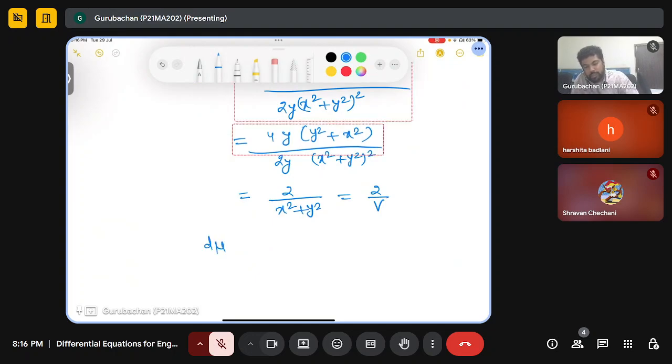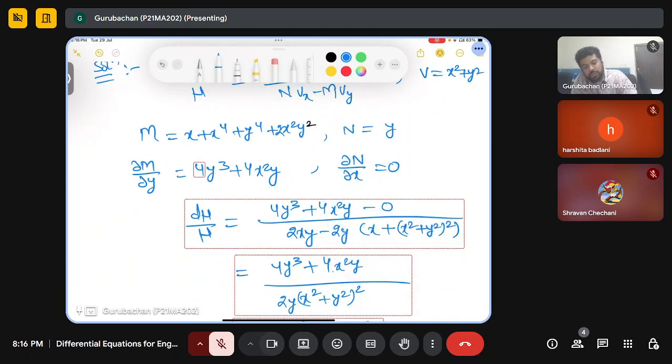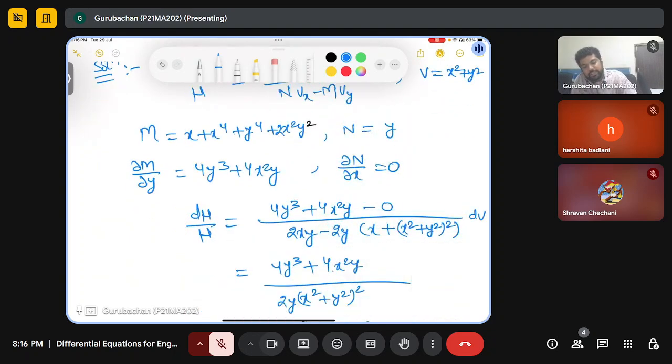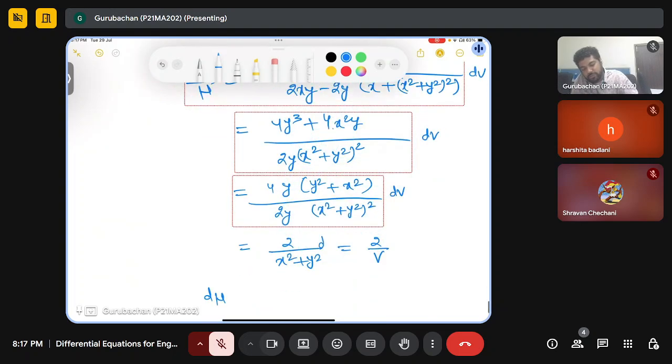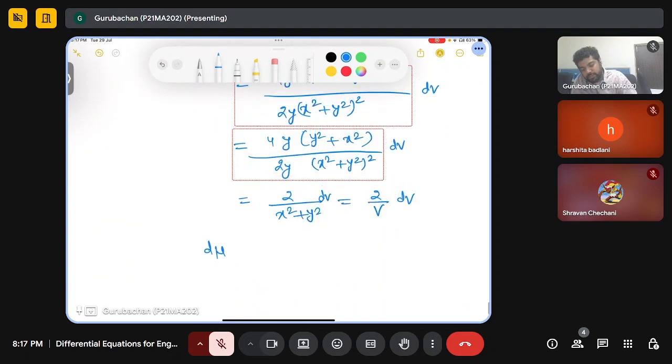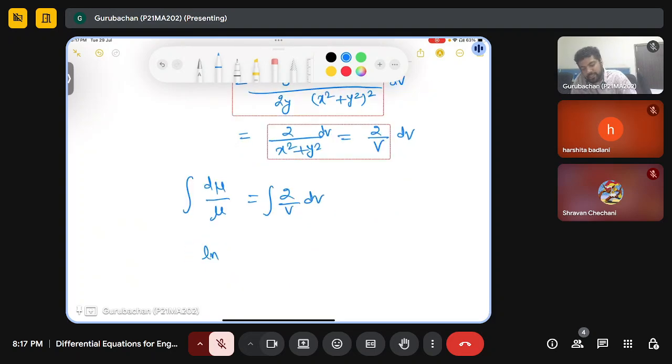So d mu by mu is equal to 2 by v dv. Now you have to integrate it, and we will get ln mu is equal to ln c v square.